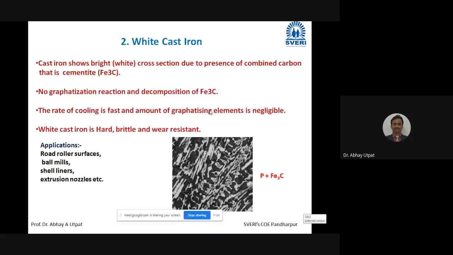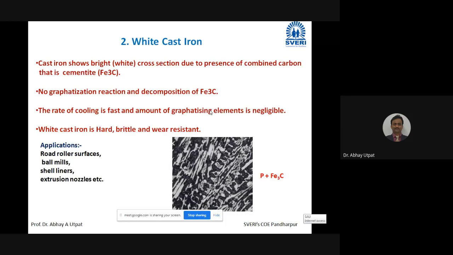But in white cast iron, there is no such decomposition of the cementite, and hence cementite remains cementite. And remember, cementite is the hardest phase. That's why white cast iron is harder than gray cast iron, because gray cast iron doesn't have cementite. The second statement written is: no graphitization reaction and no decomposition of Fe3C.